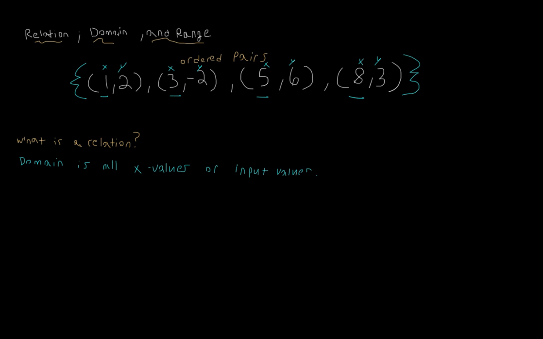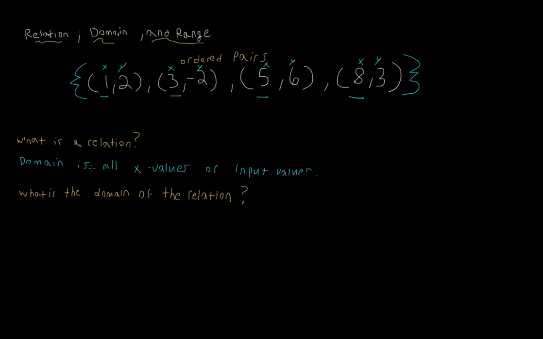So if there was a question that said, what is the domain of the relation? And we know what a relation is now. We know that all this stuff inside is a relation. So then, what is the domain?